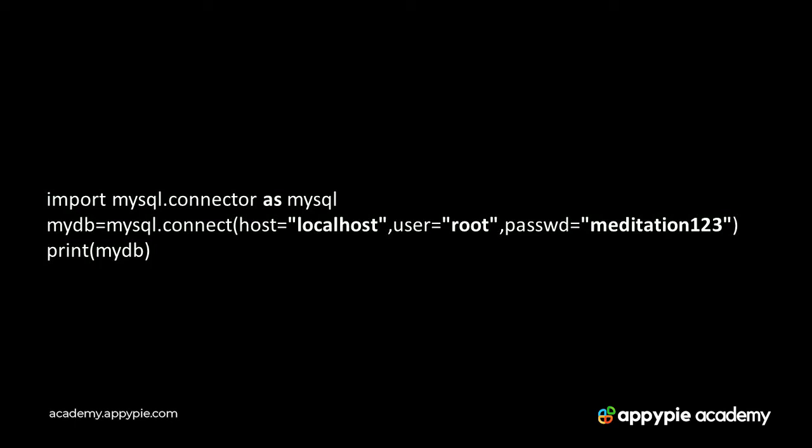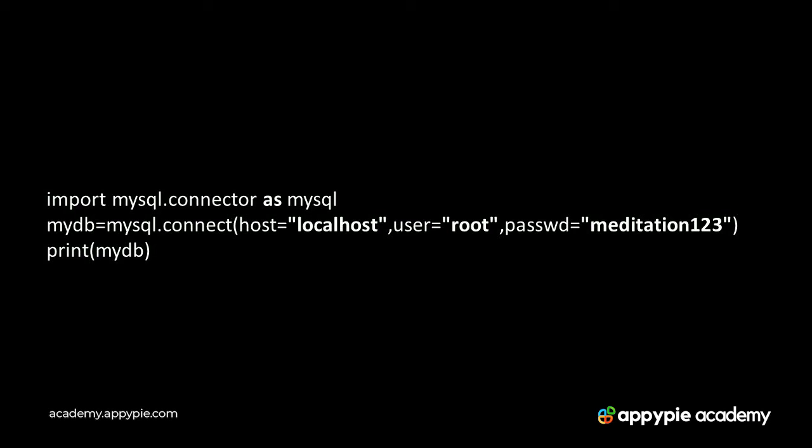Now MySQL refers to the MySQL.connector module. In this module, there is a method called connect. This method is responsible for connecting the MySQL server with our Python program, right? The first argument is host is equal to localhost. In this case we are going to work on a local basis, so we will have to write localhost.